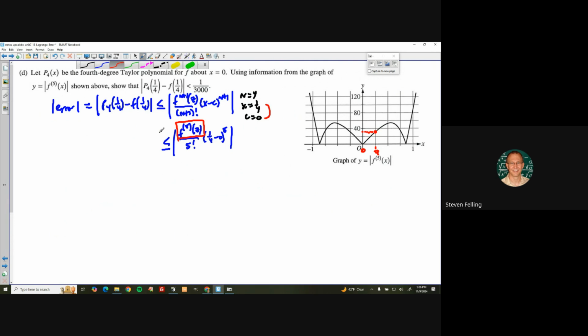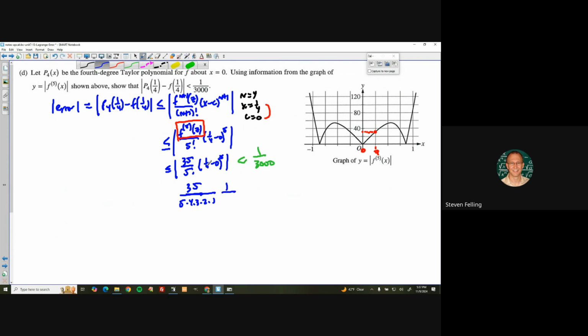Okay, so I'm going to say that this is less than or equal to 35 over 5 factorial times 1/4 minus 0 to the 5th. And what we're trying to show is that this is less than 1 over 3,000. All right, so let's see if we can show that. Well, what is this? 35, we have 5 times 4 times 3 times 2 times 1, and this is on the non-calculator part of the test.